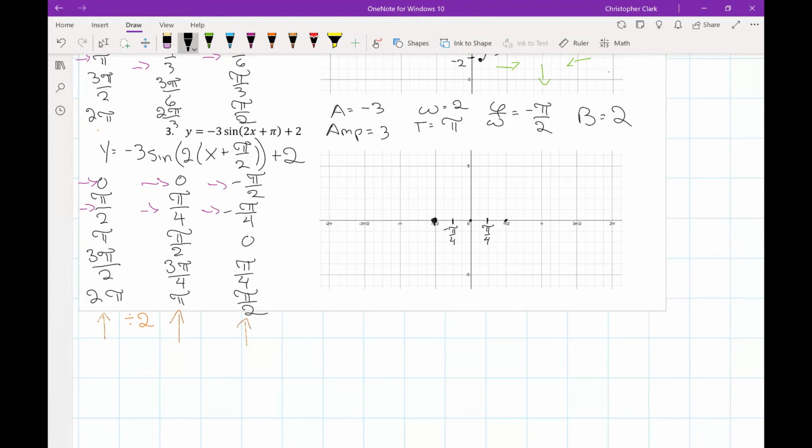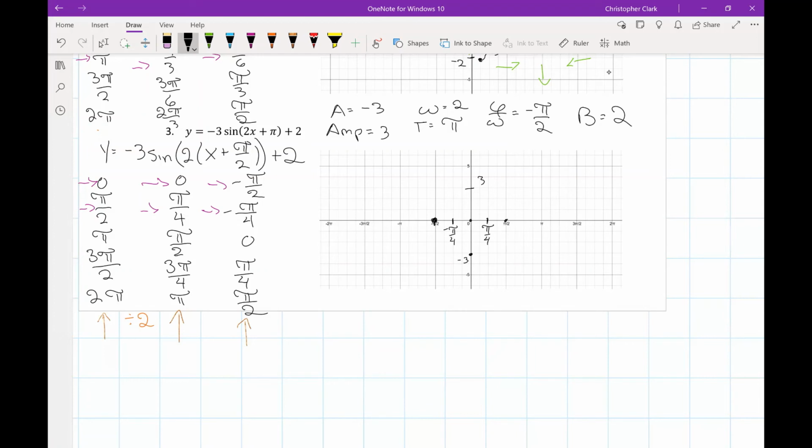So that means that we would normally be at 1, but we multiply by 3 because our amplitude is 3, but then it's flipped. So let's go ahead and draw this as -3, and positive 3 up here and -3 down here. 1, 2, 3.